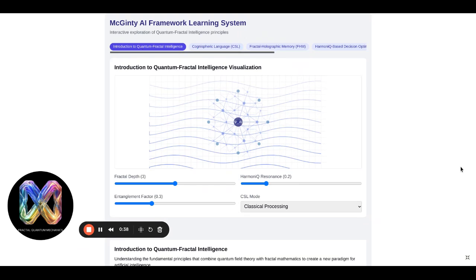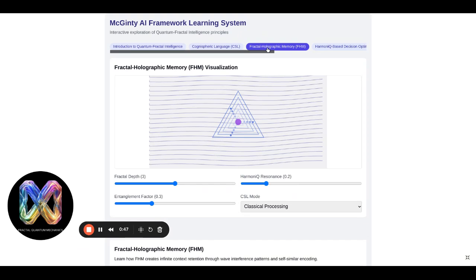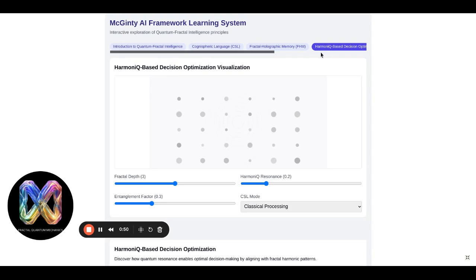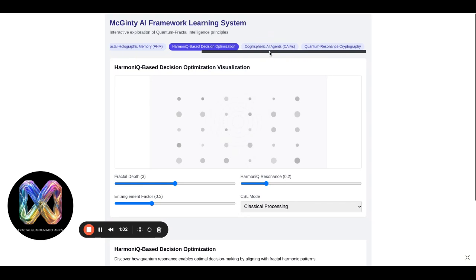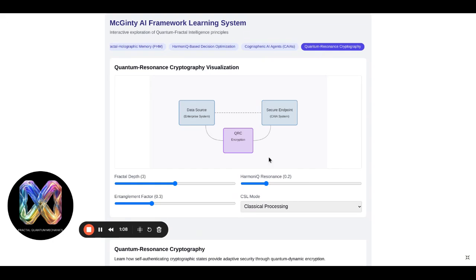There's the introduction to quantum fractal intelligence, cognospheric language, fractal holographic memory, harmonic queue-based decision optimization, cognospheric AI agents, and quantum resonance cryptography. Each module features interactive visualizations that respond to your adjustments, allowing you to see these abstract concepts in action.